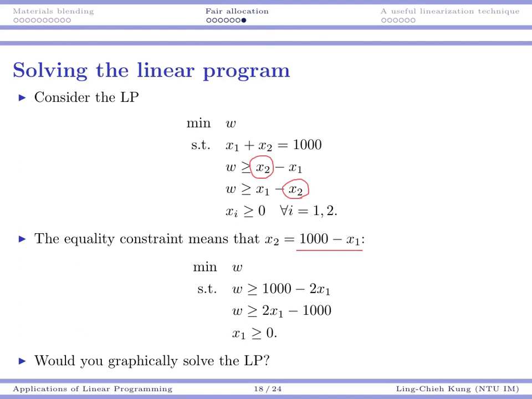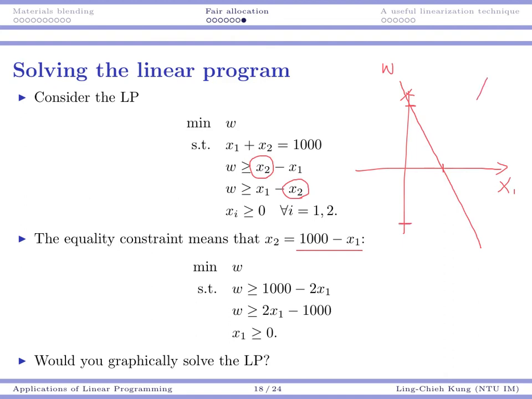Graphically, you can solve this linear program, right? Maybe something like this. I now have x1 and w. The first constraint says that when x1 is 500, w is 0, or when x1 is 0, w is 1000. So it's here. The other constraint is that when x1 is 0, w should be negative 1000.